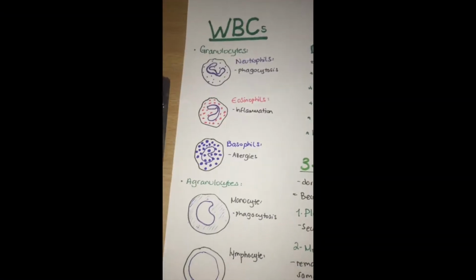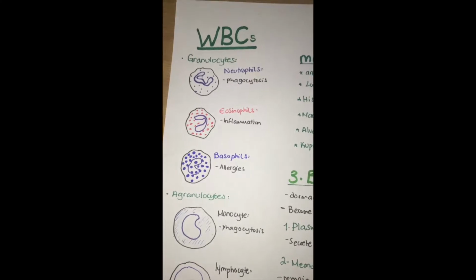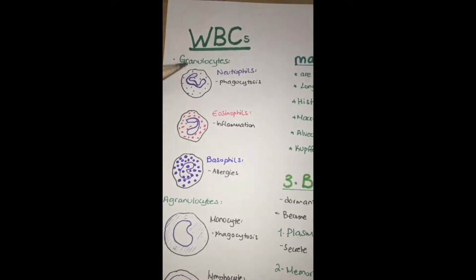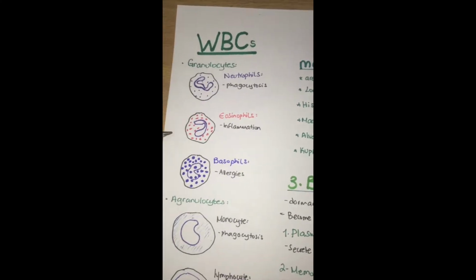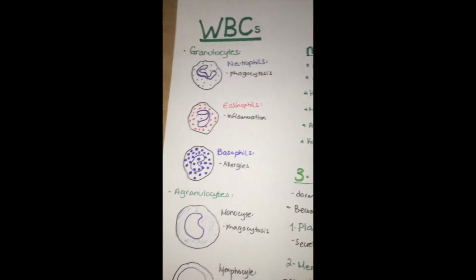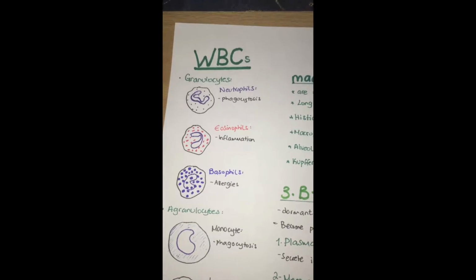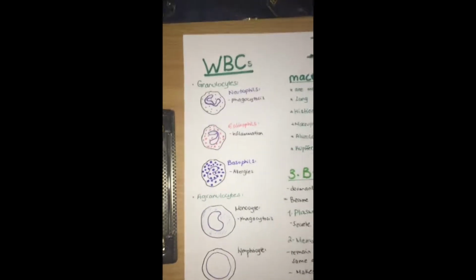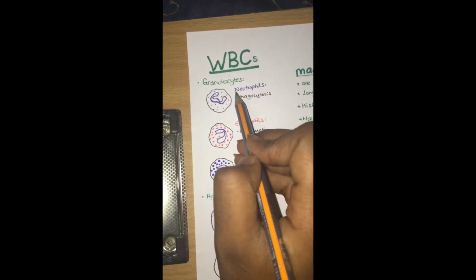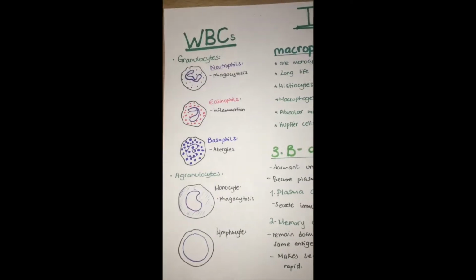I'll start with the granulocytes. For granulocytes, we have three types. We have neutrophils, eosinophils, and basophils. We're going to start with the neutrophils. And as you can see, from the word neutral, we can tell that the granules are neutral.